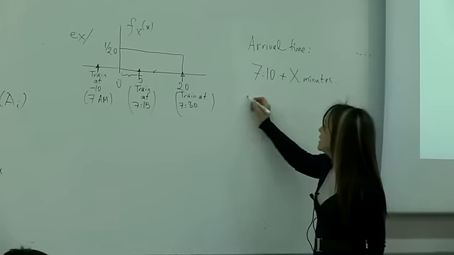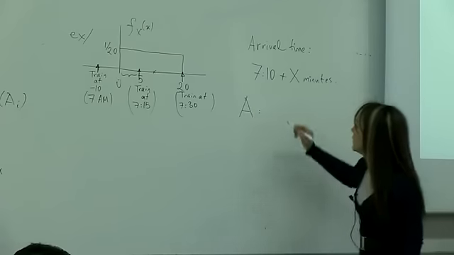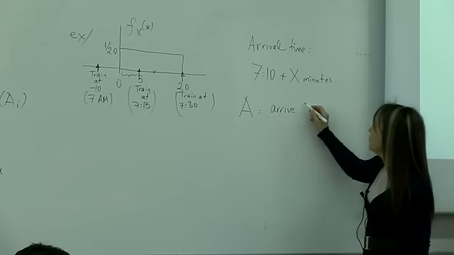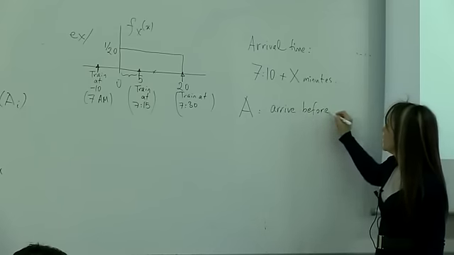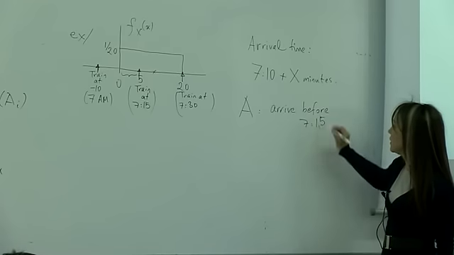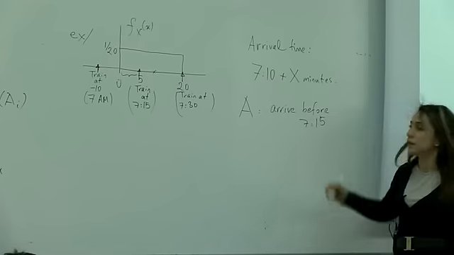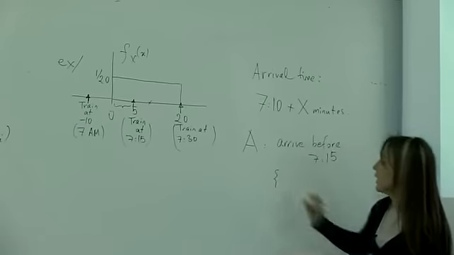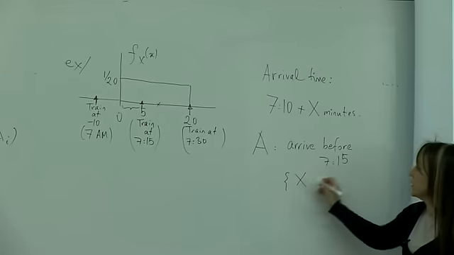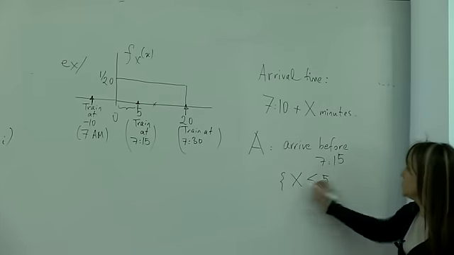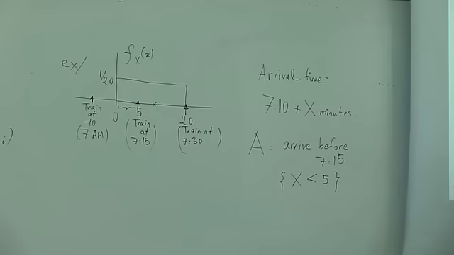So let's write event A as arrive before 7:15. Equivalently, in terms of the random variable X, this is the event that X is less than or equal to 5, or maybe less than 5. Equal is not important here because we're dealing with continuous random variables.